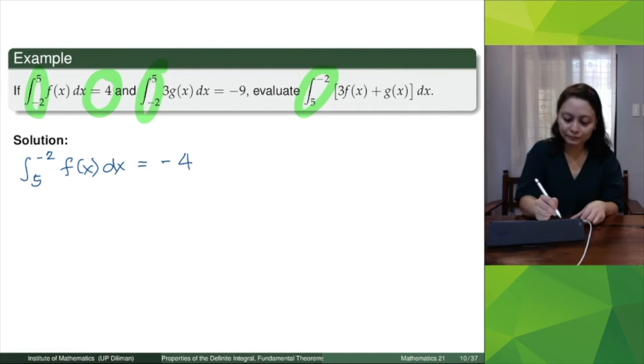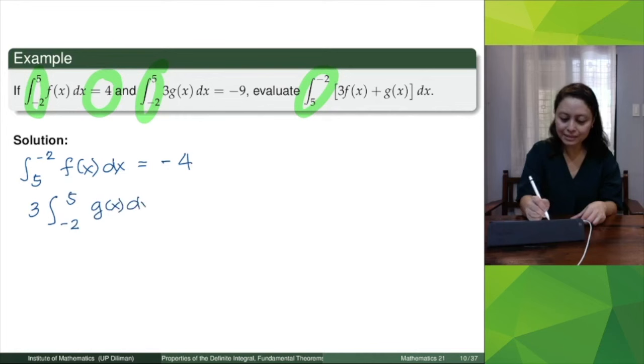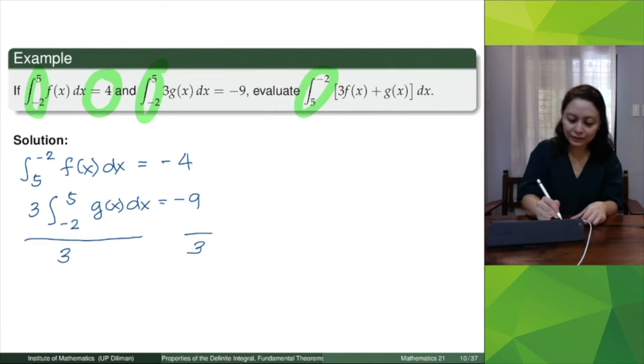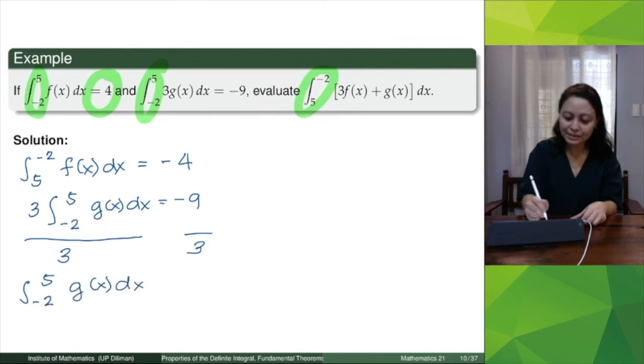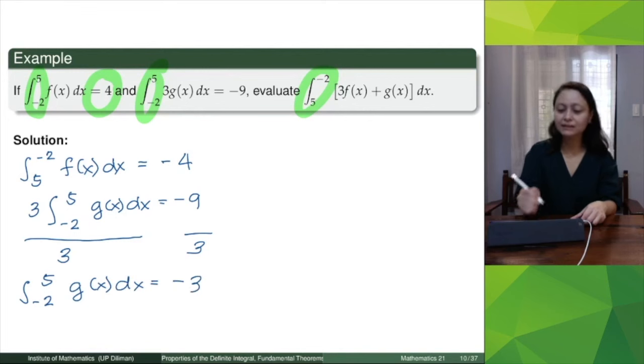So, if you have 3 times the integral from negative 2 to 5 of g of x dx, this is equal to negative 9. If you divide both sides by 3, the integral from negative 2 to 5 of g of x dx is equal to negative 3.